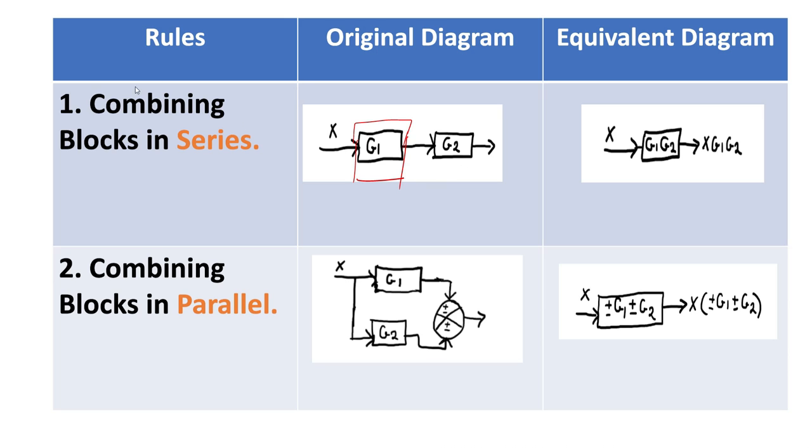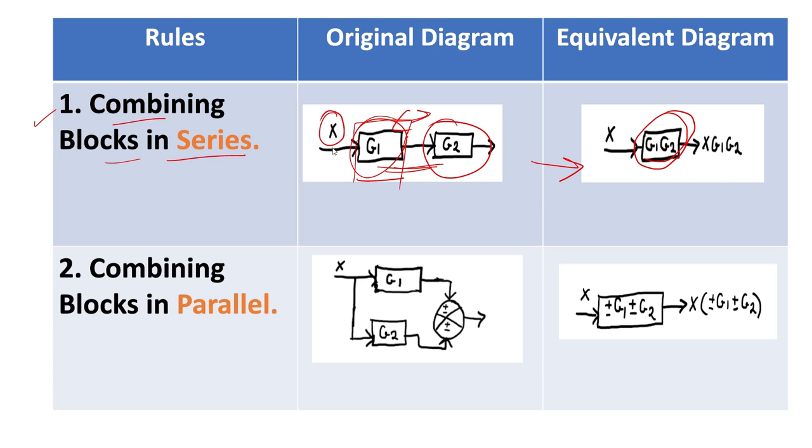And now we will move to our first rule, which is combining blocks in series. You can see here that the two blocks are in series. So the resultant network would be the product of these two, which is G1 into G2.